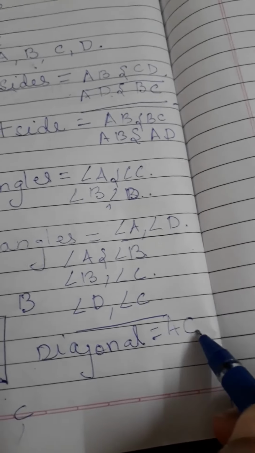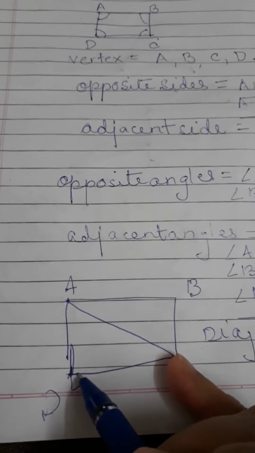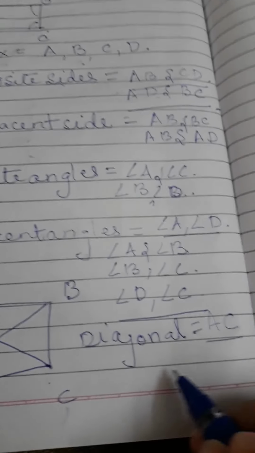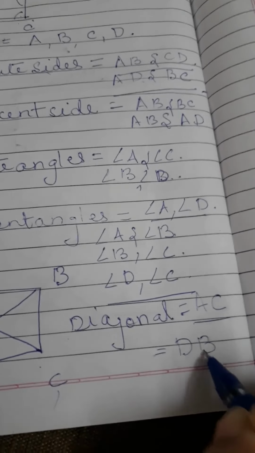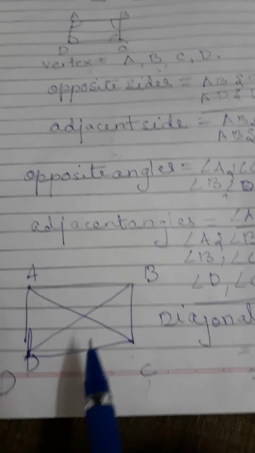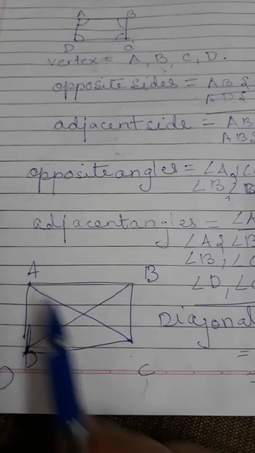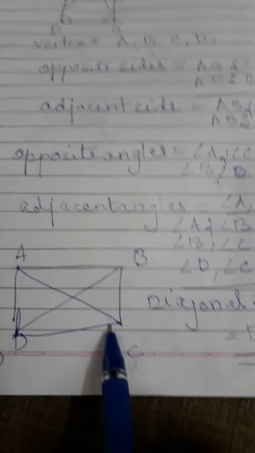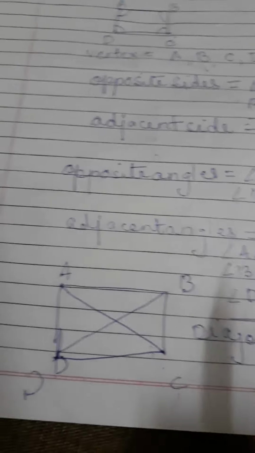I don't know if you know it or not. AC is a diagonal. The other diagonal is DB. So we have two diagonals in a quadrilateral which join the opposite corners, AC and DB. So these are the terms related to a quadrilateral.